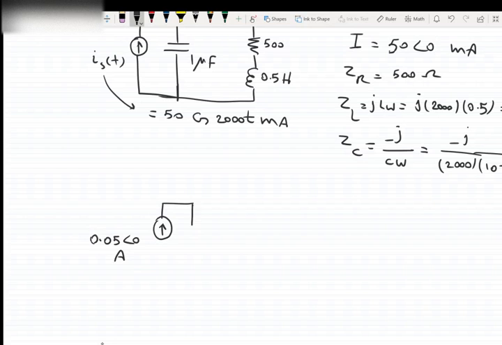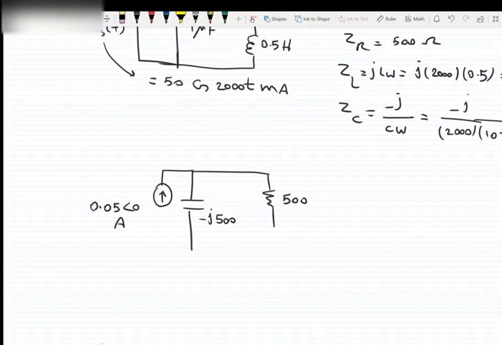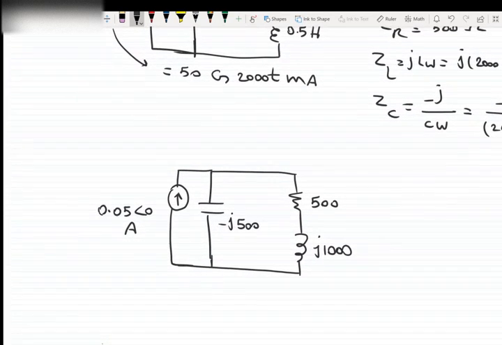We have a capacitor with a value of negative J 500. We have a resistor with a value of 500, and we have an inductor with a value of J 1000. Okay, and this one is the circuit.